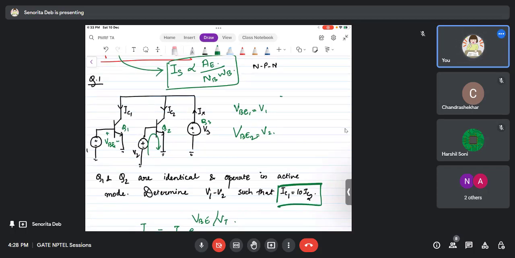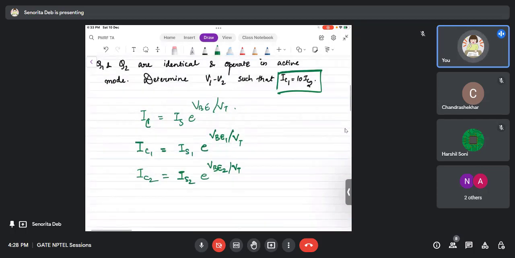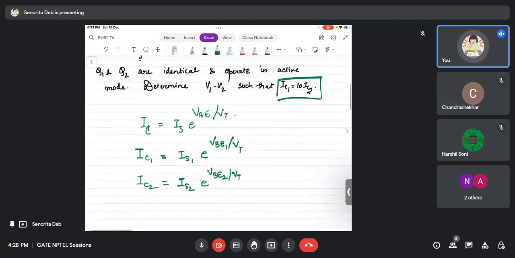So what will be V1 minus V2 such that IC1 equals 10 times IC2? There is one more relationship of IC1 and IC2: IX equals IC1 plus IC2. This won't be used in the question, but you can see that. Now IC1 is given as 10 times IC2, so I can simply take the ratio. Also, the transistors are identical.